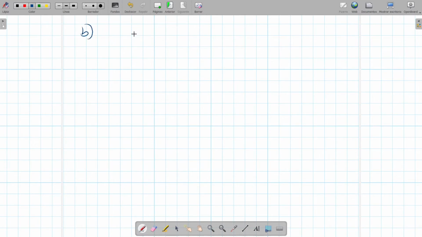So if we have something like this, and they ask us to complete the square, again what we do is open a bracket. That's an x, and there's a minus here, so we put a minus in our square.